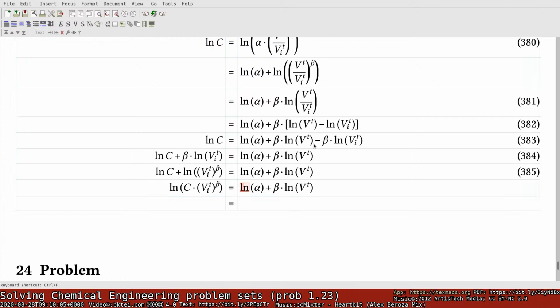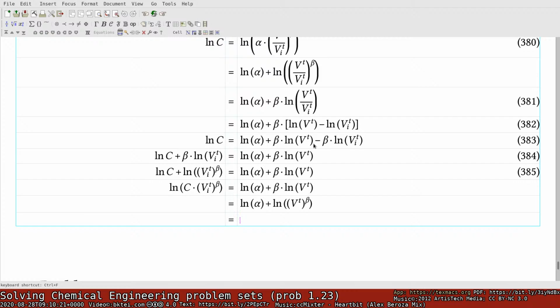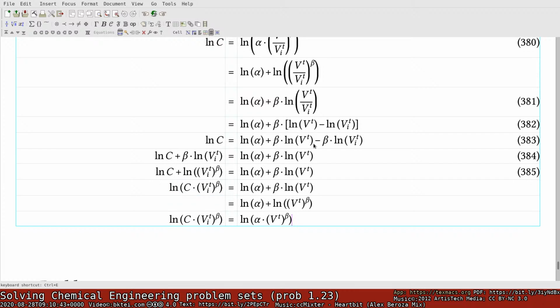Let's go ahead and combine these, or at least pull the beta in here, because we didn't have to pull the beta out. Like that. Yeah, there we go. We can really simplify this thing later. That equals that.